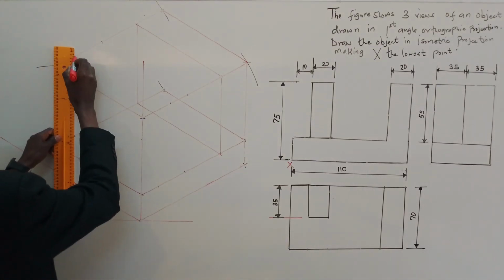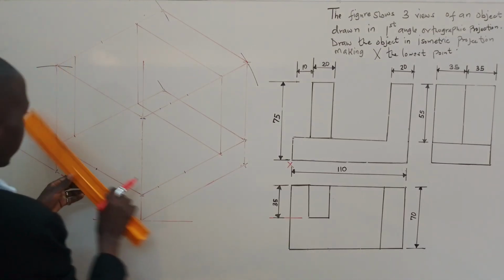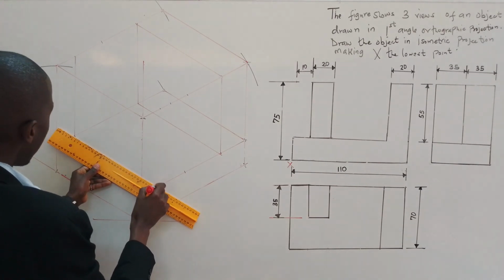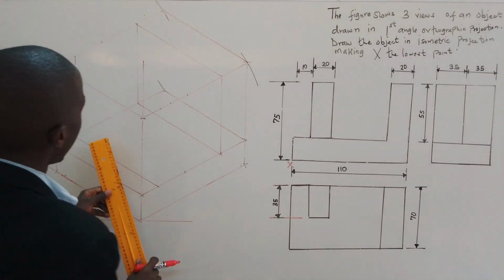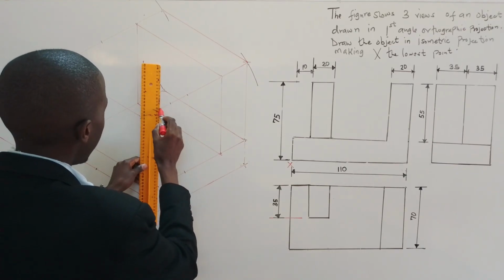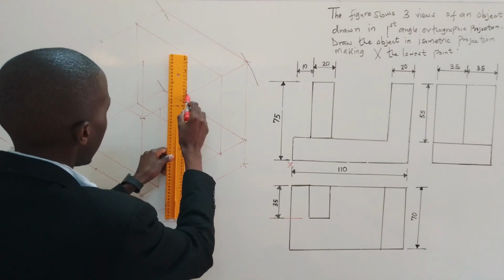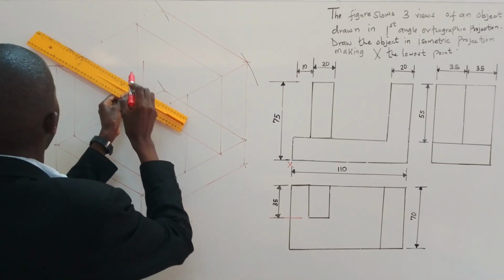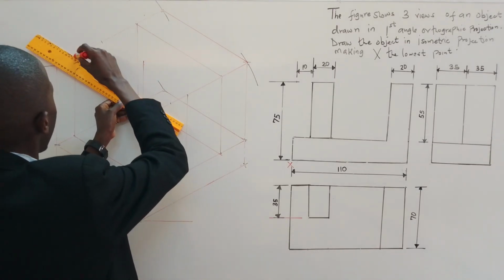Then let me mark now this one. And then we have that. Then I will join this from here, then this one from here. Then this side join.